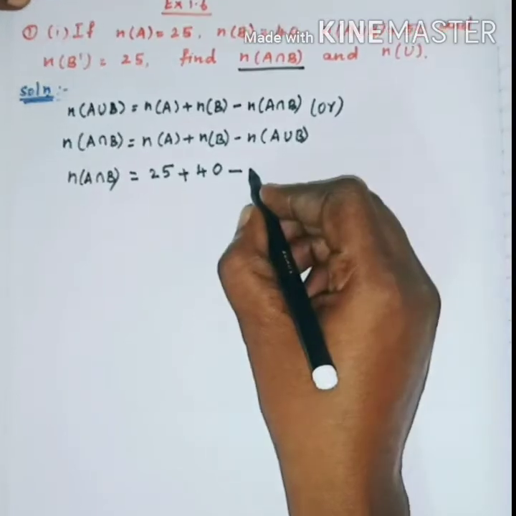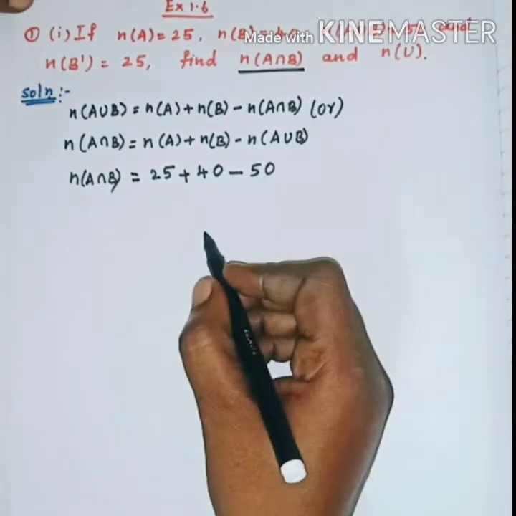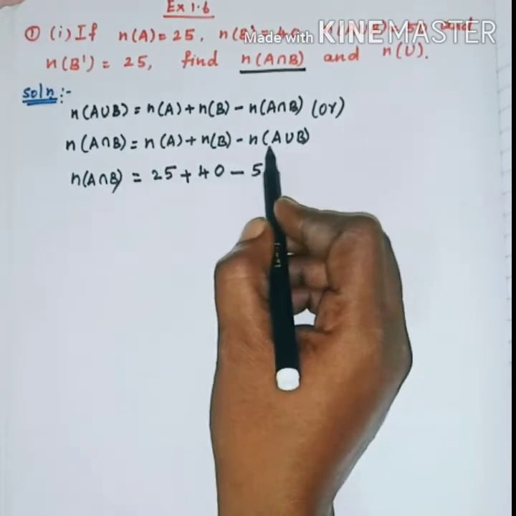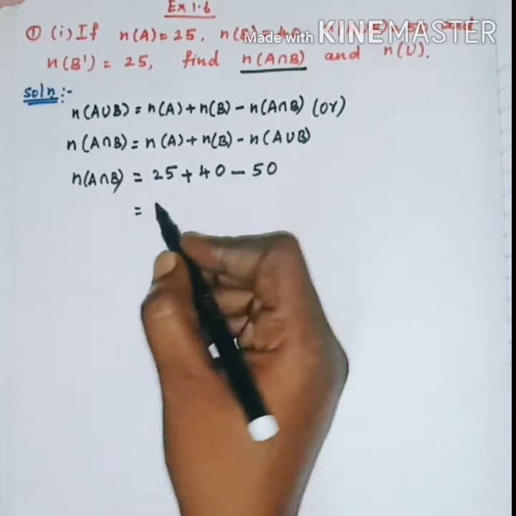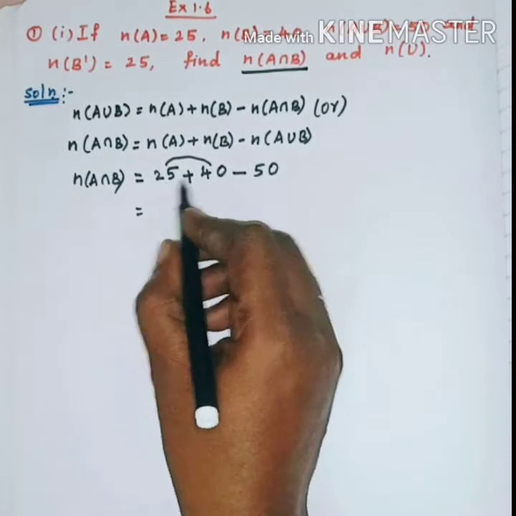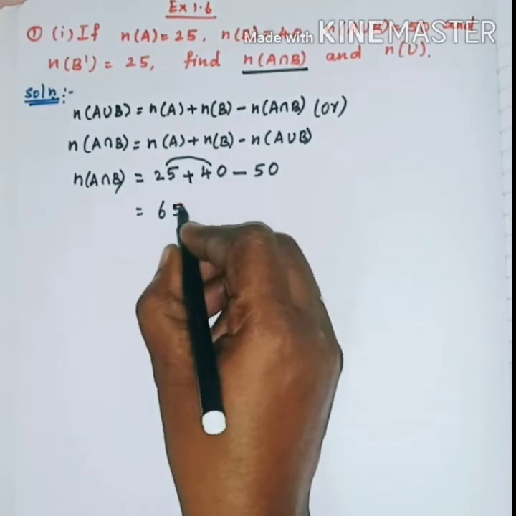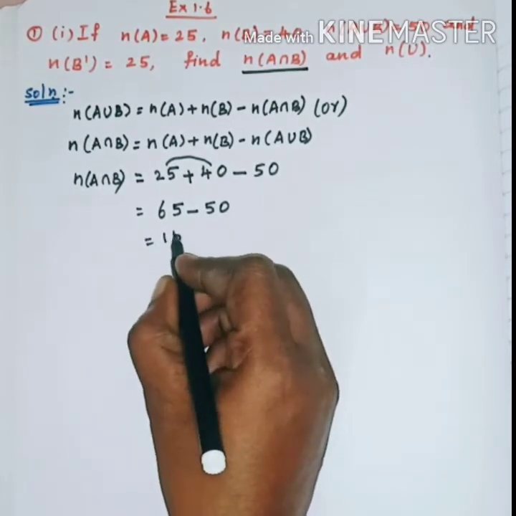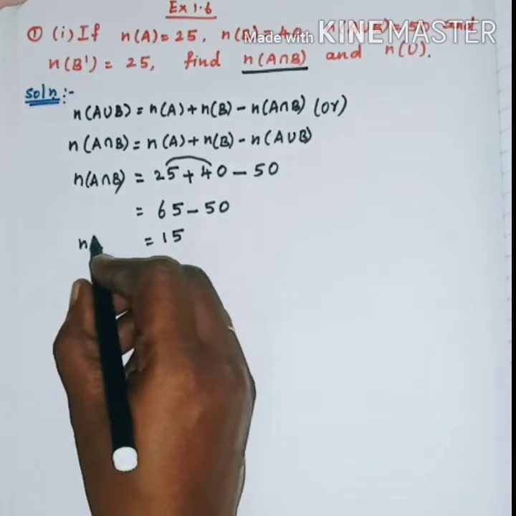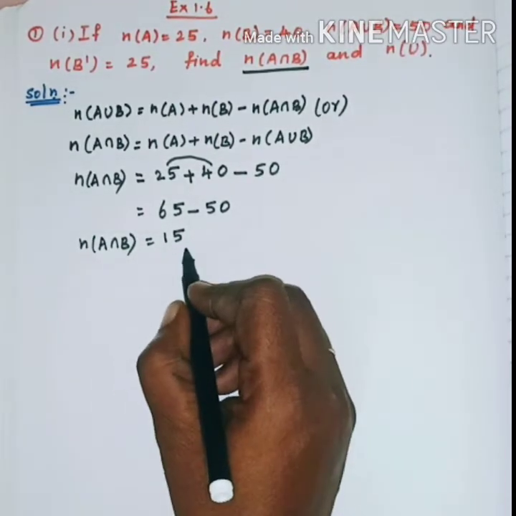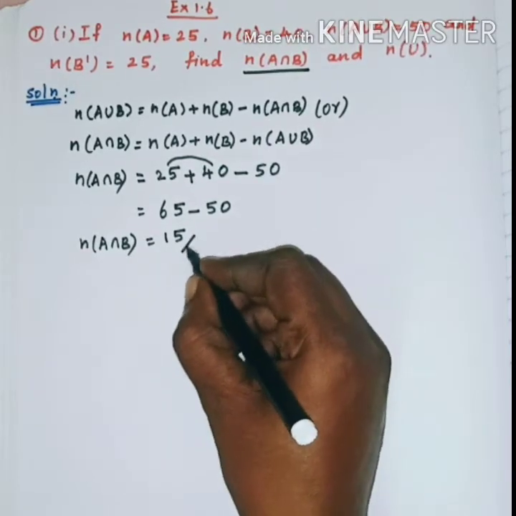The value is 50. So we have substituted the values for n of A, n of B and n of A union B. Now add these two. So 25 plus 40 is 65 minus 50. 65 minus 50 is 15. So this is your n of A intersection B. So n of A intersection B is equal to 15.